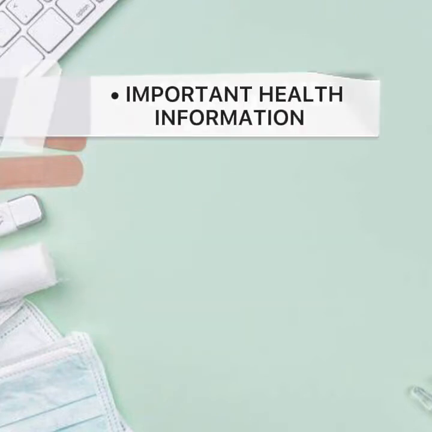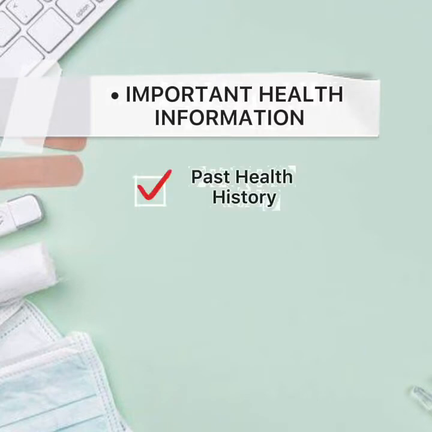Now, let's proceed to the important health information under your subjective data. This includes the past health history. It is important to determine the frequency of upper respiratory problems such as colds, sore throats, sinus problems, and allergies, and if seasonal changes have an effect on these problems.